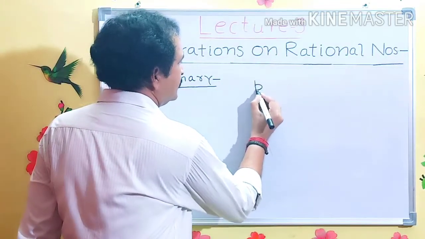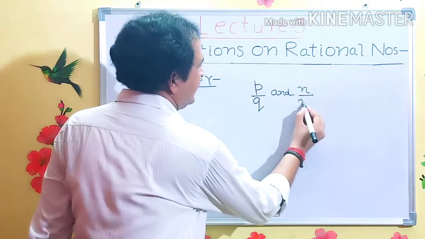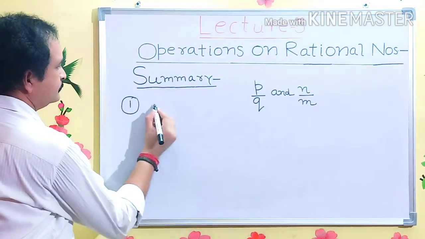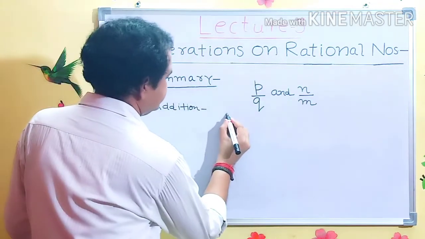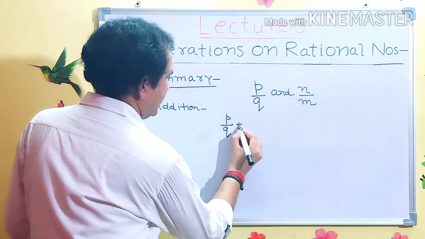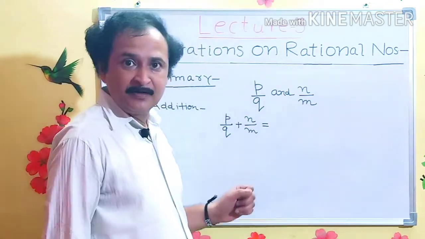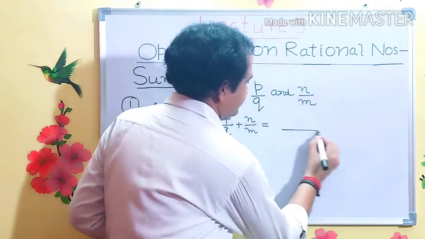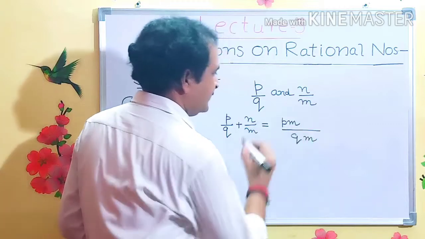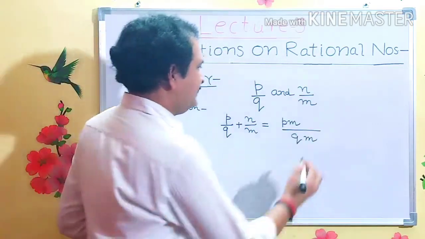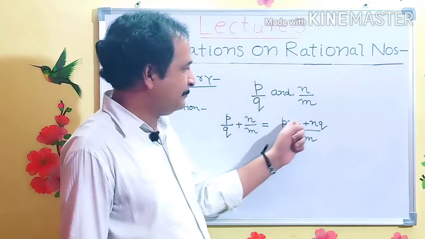Suppose there are two rational numbers p by q and n by m, then how to perform addition? p by q plus n by m, find the lowest common multiple of q and m, which is qm, which we get by multiplying m into the first rational number and by multiplying q into the second rational number. So the result is pm plus nq upon qm.